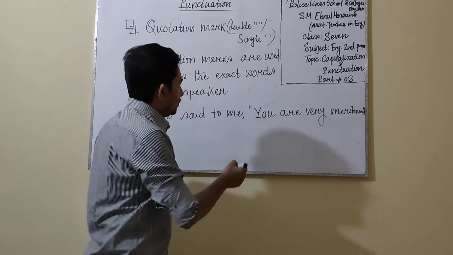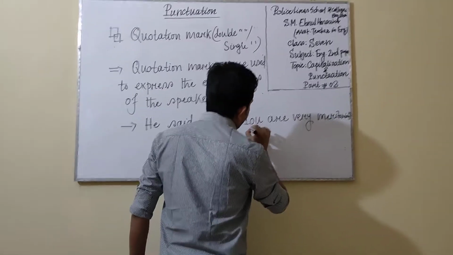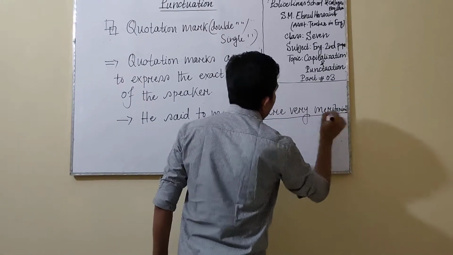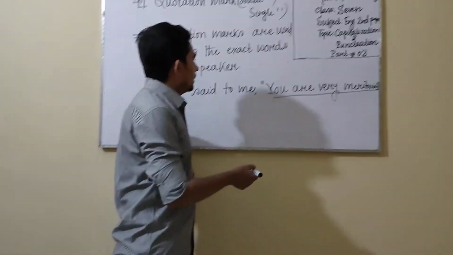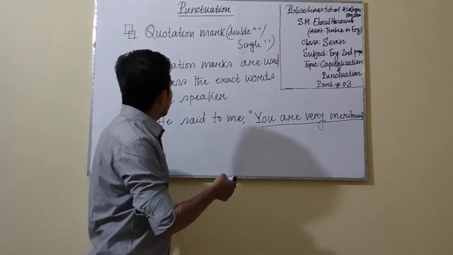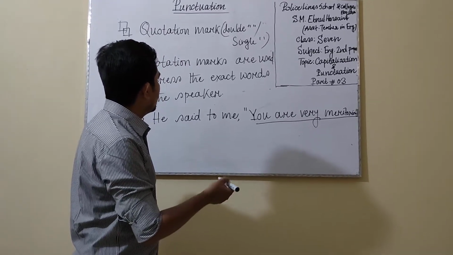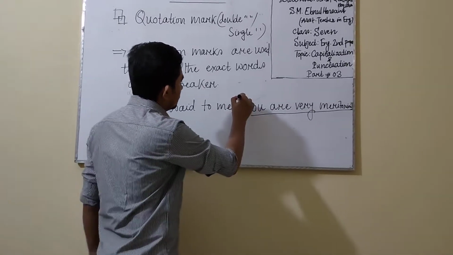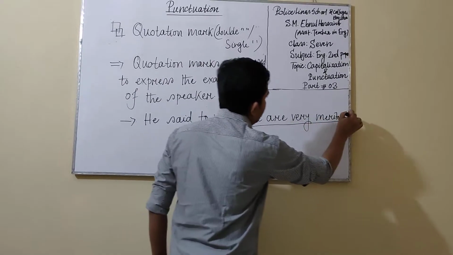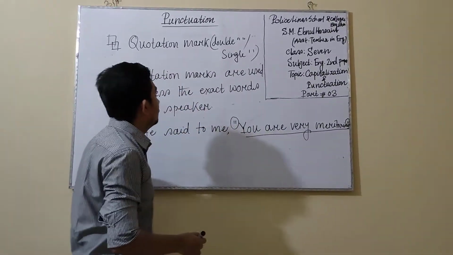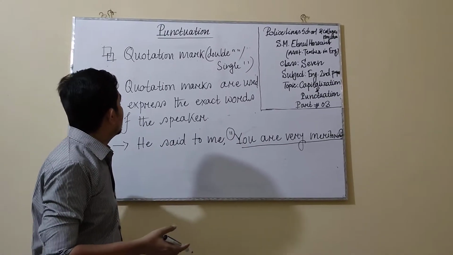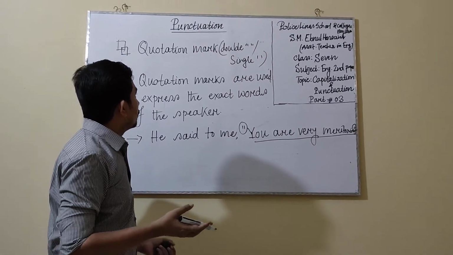So we can see that these are the words of the speaker, and these words are expressed by the use of the quotation mark. This is the quotation mark here. This is also the quotation mark. So this is the use of quotation mark.